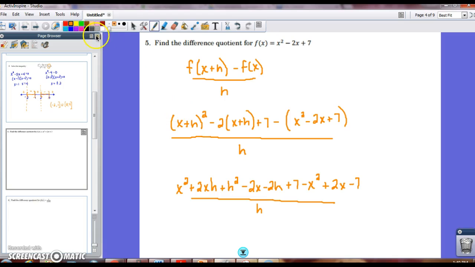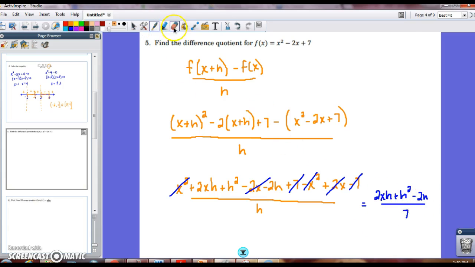And now I can cancel out terms. So I have negative 2x and positive 2x, positive x squared, negative x squared, positive 7 and negative 7. And so my final answer then is 2xh plus h squared minus 2h over h.